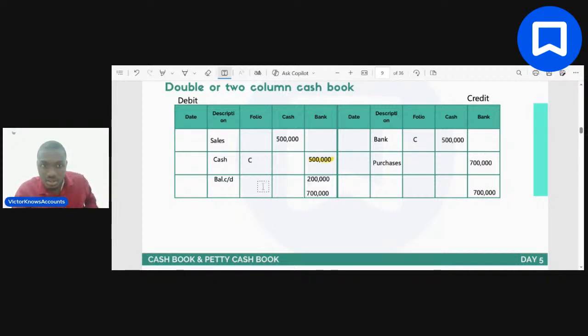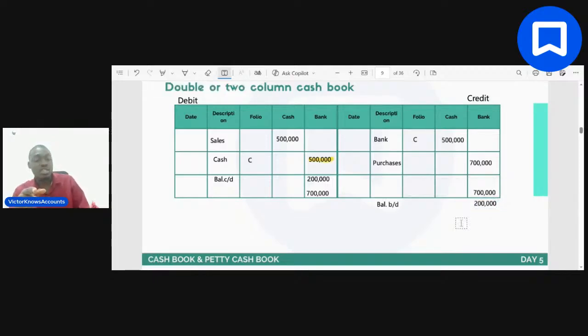With that, at the end of the day, I would have to bring it forward to the next period and say balance brought down or balance brought forward, as the case may be, it's the same thing. And that will be 200,000 naira.